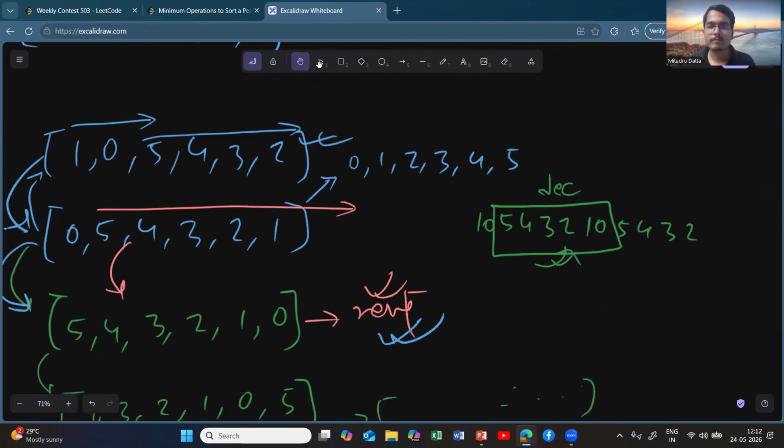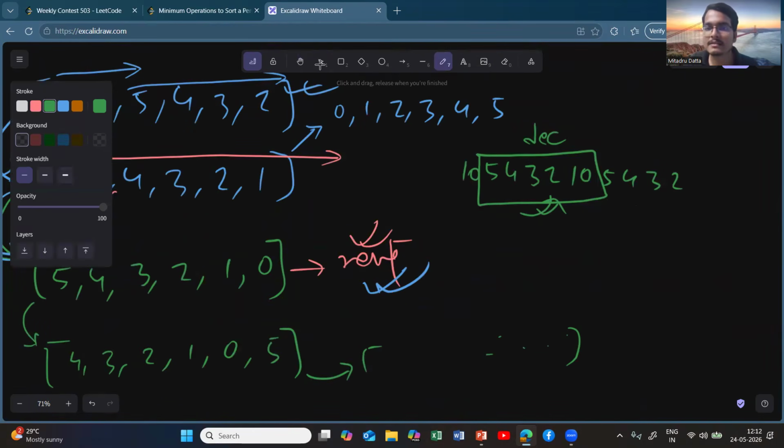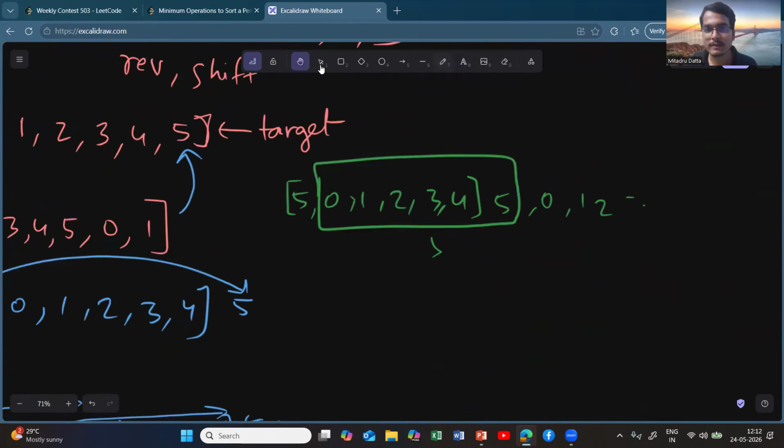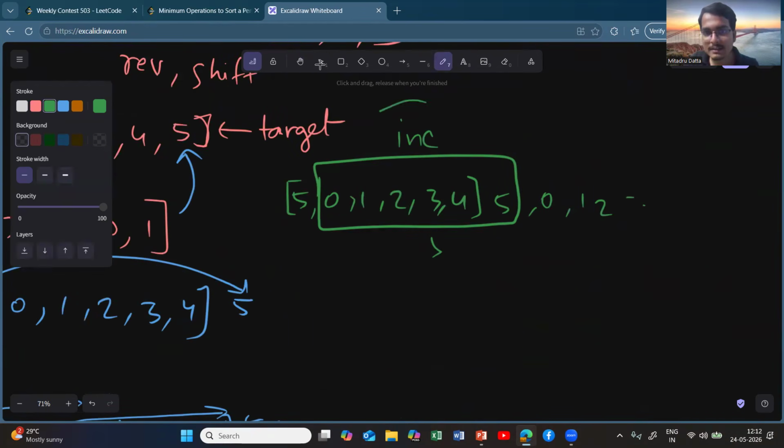In the other case, if you write it side by side, the cyclicity is in decreasing order: 5 to 0 you get, but here you get 0 to 5. That is, I say the cyclicity is in increasing order.